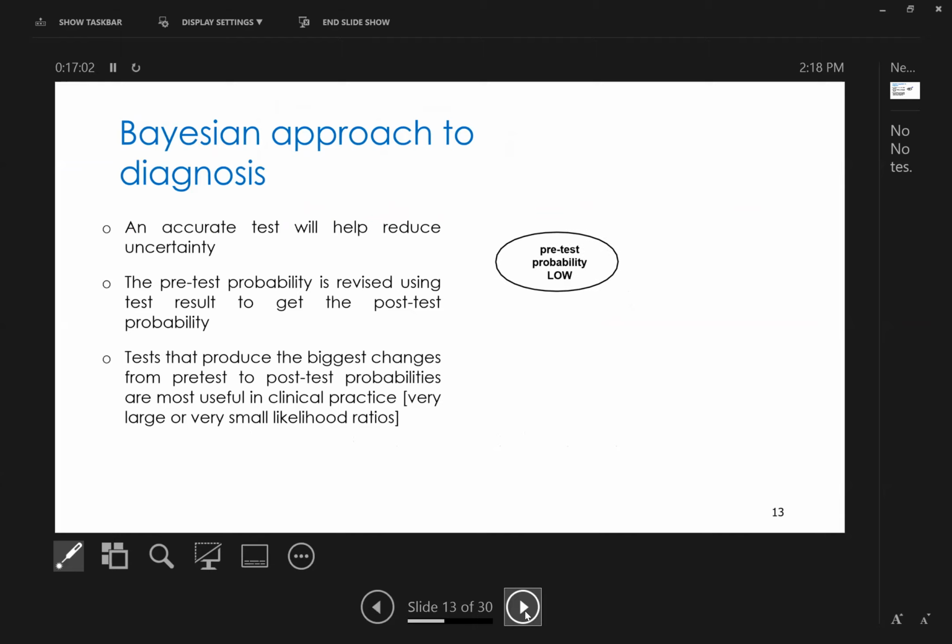A good test is one where the pre-test probability might be low, say 10%, 20%, 30%. The test result comes back positive, right? Your post-test probability is now close to 90 or 100%. The test is good enough to take you to a relatively low or a middle probability zone and pretty much push you to a level of certainty, right? In this situation, you say, yes, the diagnosis is confirmed.